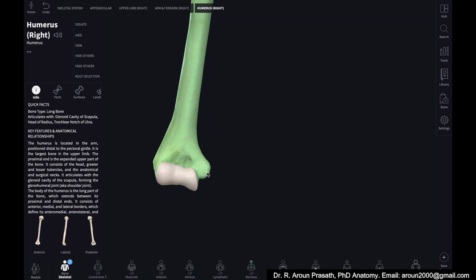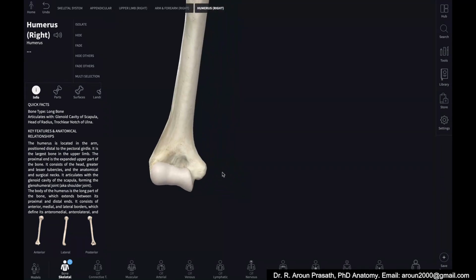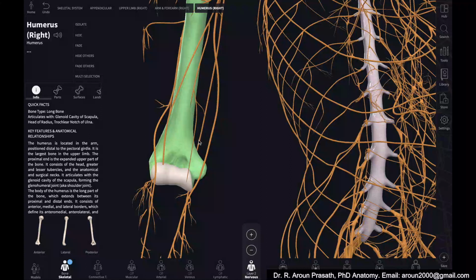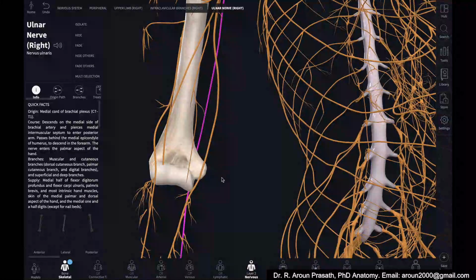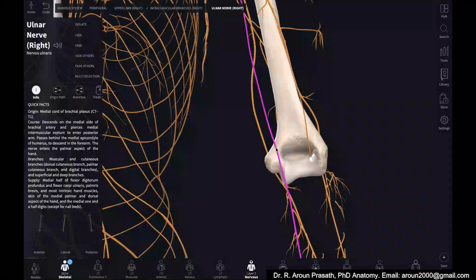The medial epicondyle is palpable in the medial aspect of the elbow. Just posterior to the medial epicondyle, the ulnar nerve passes superficially.